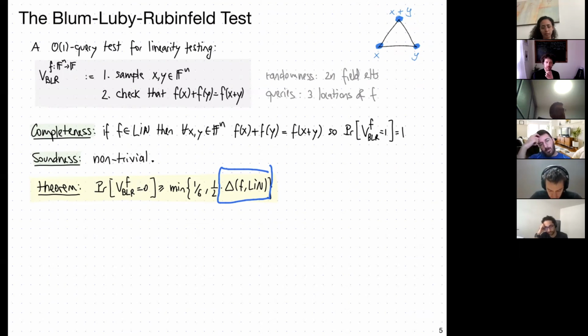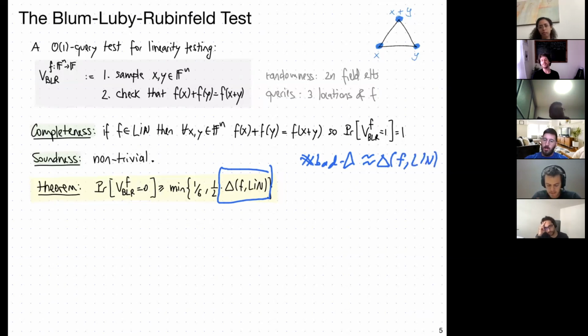Before we stare a bit at this theorem, what is the intuition? The intuition is that the number of bad triangles, where a bad triangle is a triplet x, y, and x plus y such that f of x plus y doesn't equal f of x plus f of y, is a good proxy for the distance of f from being linear.